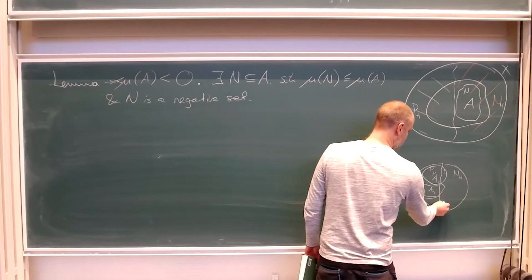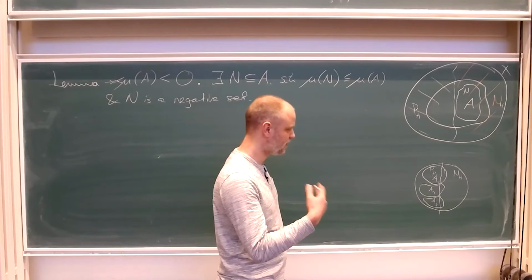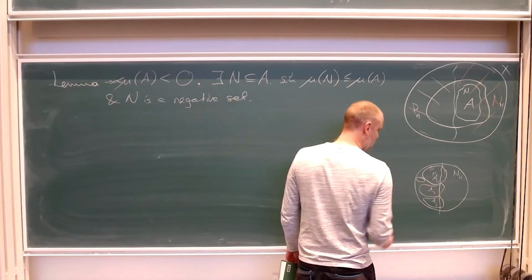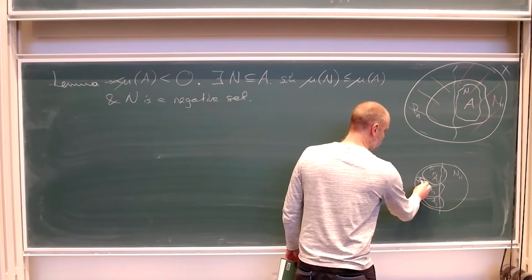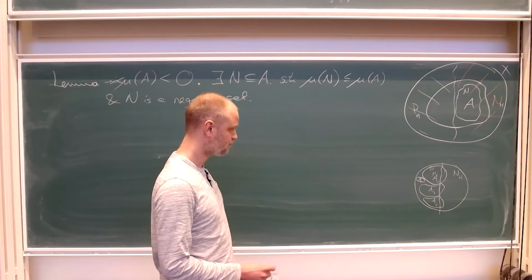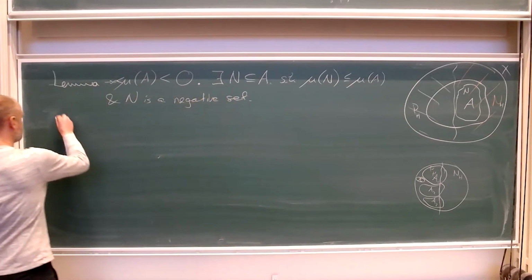They can stick into the negative part, that doesn't really matter. The important thing is we're going to design it in a way that we eat up all of the positive stuff, right? So how can we do that? Proof.